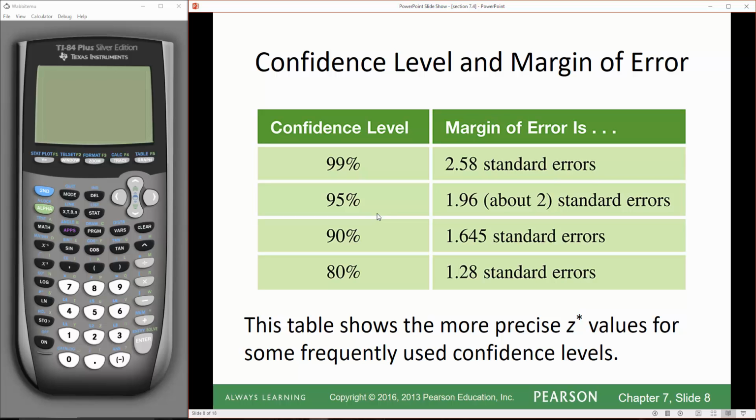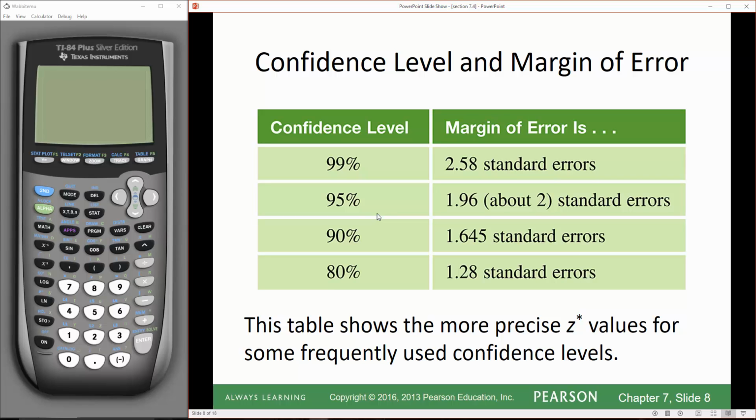But actually, we can be a little more accurate. Like we were saying, 95% is about 2 standard deviations away, but to be even more accurate, it's actually 1.96. So this table can provide us some z-scores to use to be more precise.